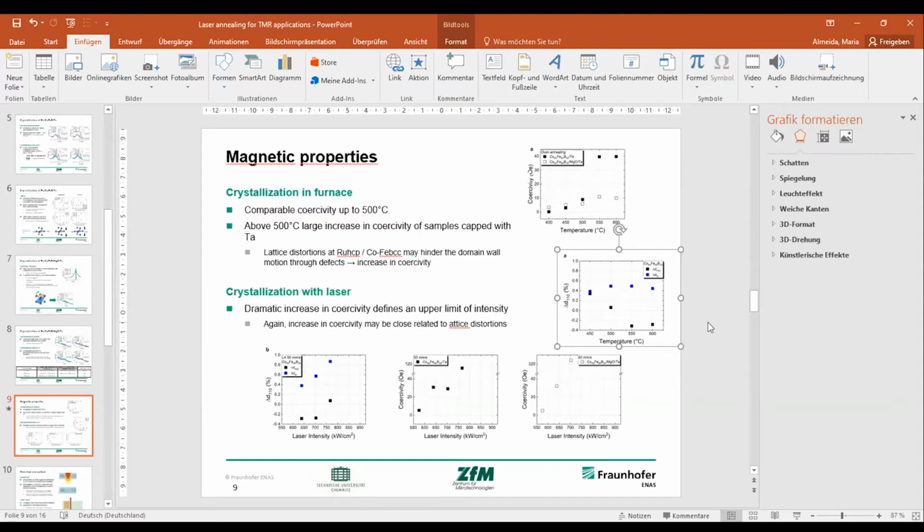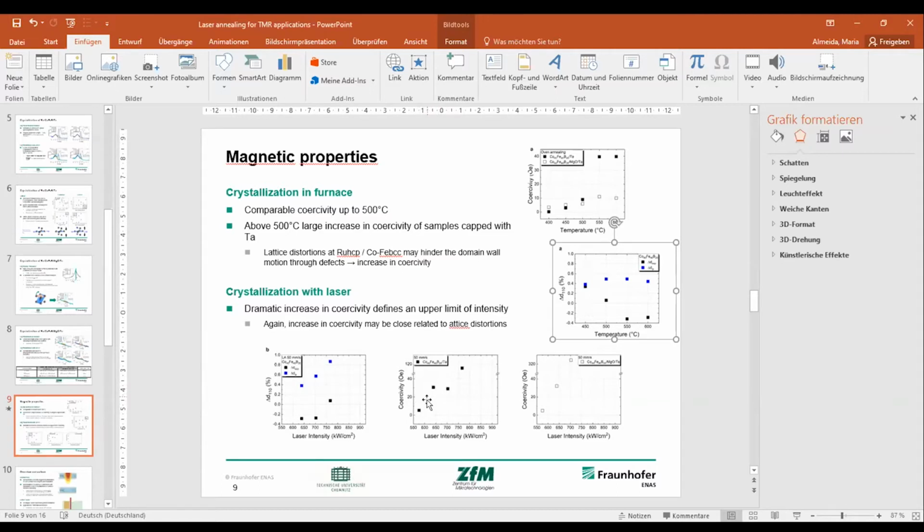And this is very consistent with the change in the distance between the lattice planes that we observe from the XRD measurements. In the case of crystallization with laser, for the highest laser intensities, we see a dramatic change.